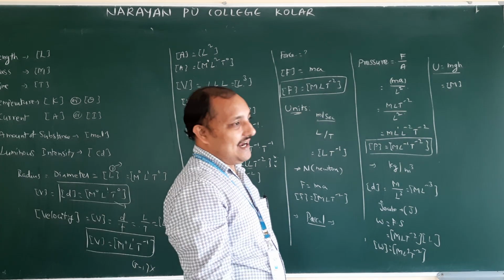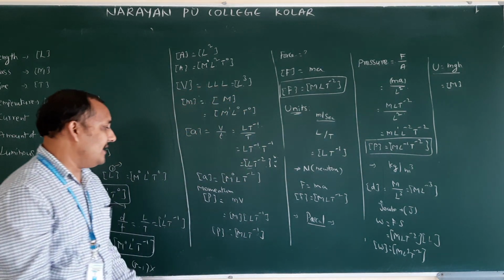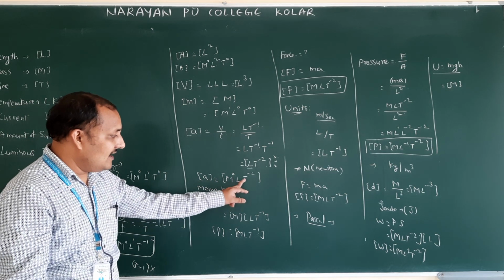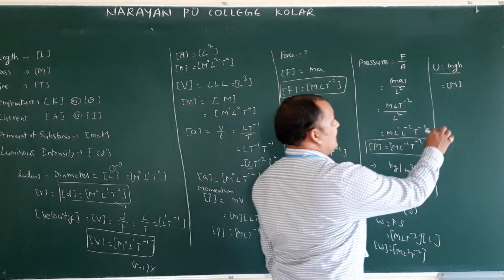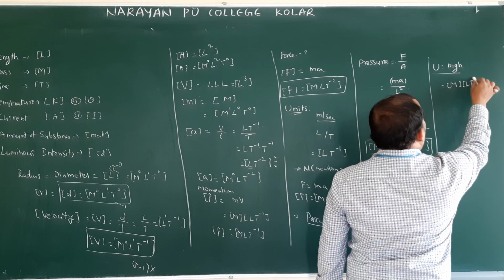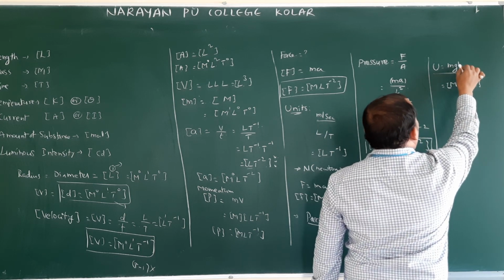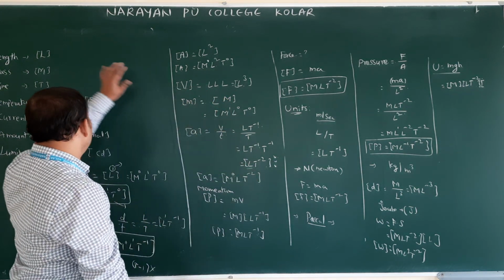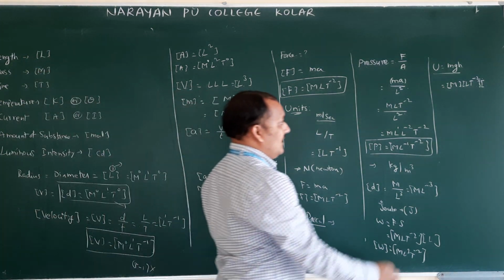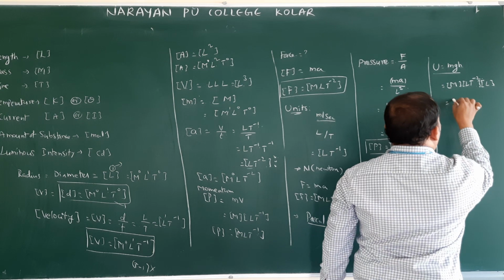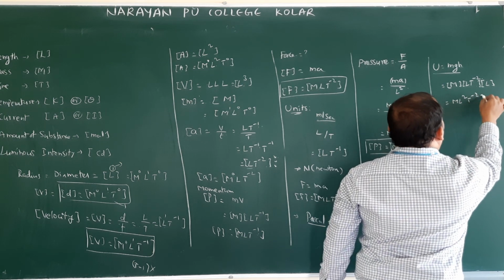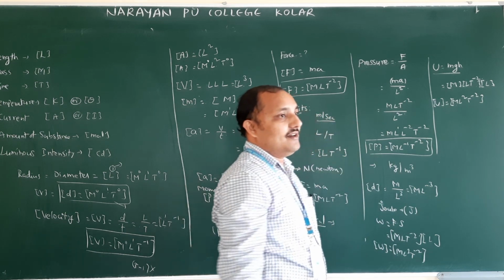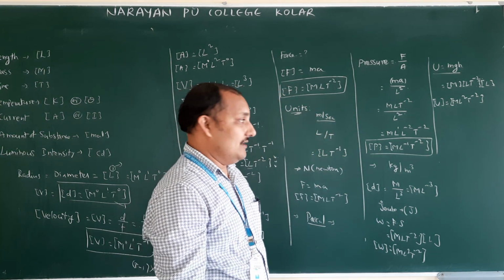Acceleration due to gravity, which is equal to acceleration. So acceleration dimension is L T power minus 2. H refers to height, which represents length, therefore L. So M L square T power minus 2. This is the dimension formula for potential energy.